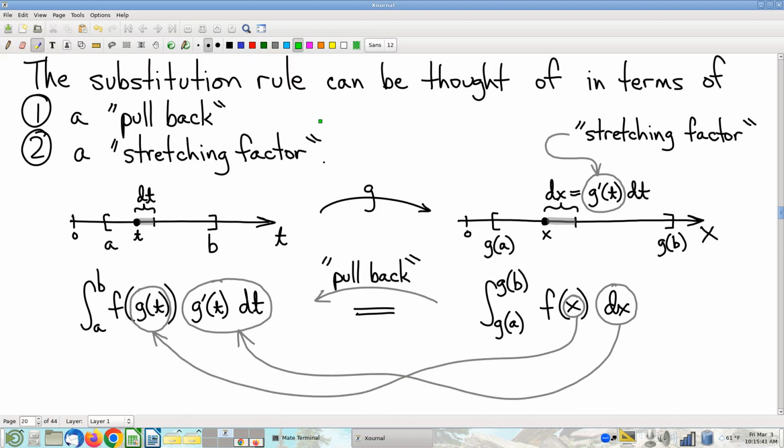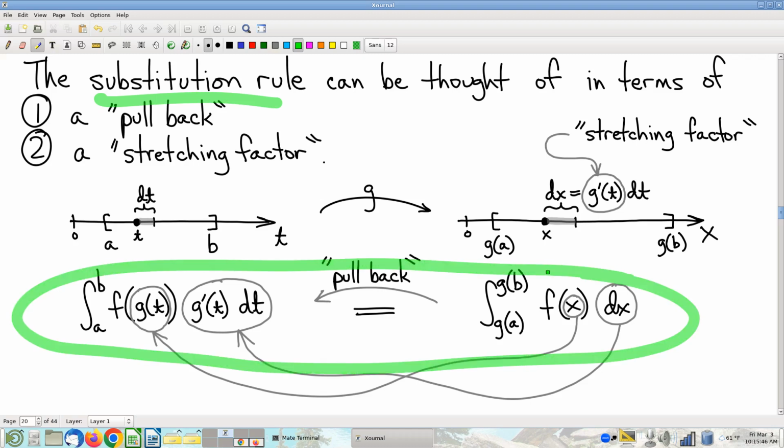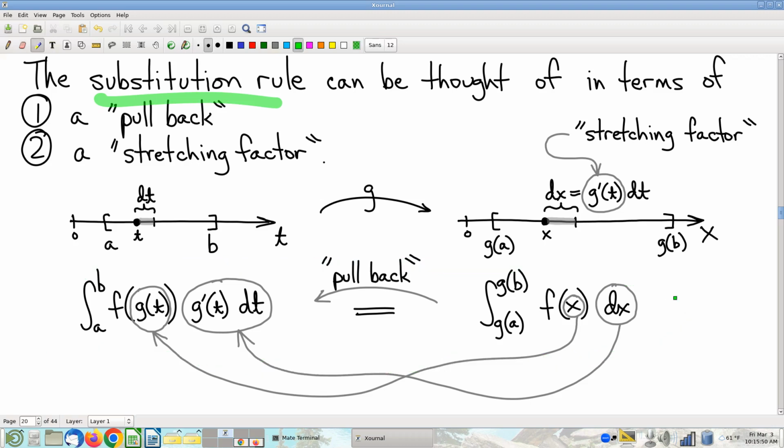I want to remind you of the substitution rule that I know that you know, right? But in particular, I want to take this specific point of view on it. I want to think of the substitution function, which we will soon reconceive of as something called a change of variables function, and thus my verbal stumble.